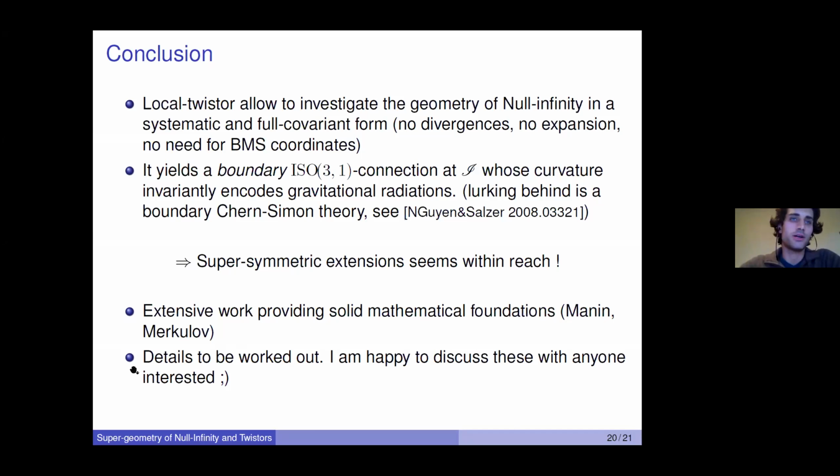So it's classical work. But here we are trying to use this to induce something at the conformal boundary. Of course, details are to be worked out, but I would be really happy to discuss with anyone interested.